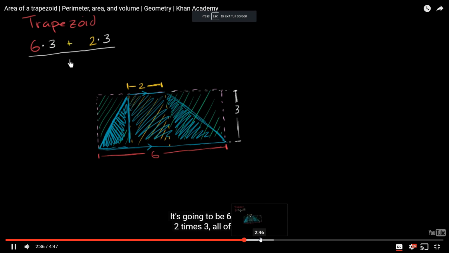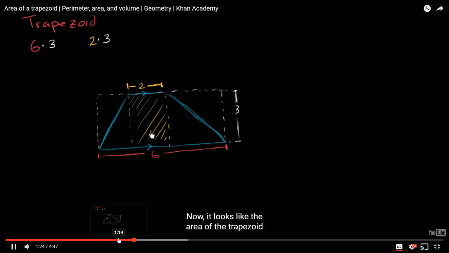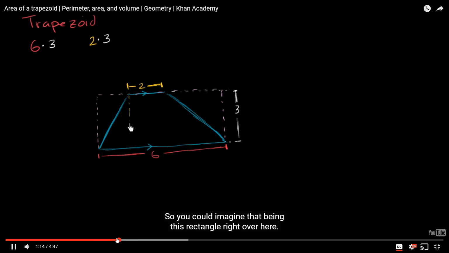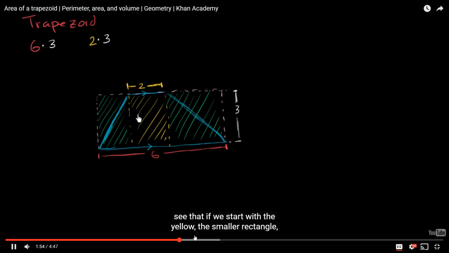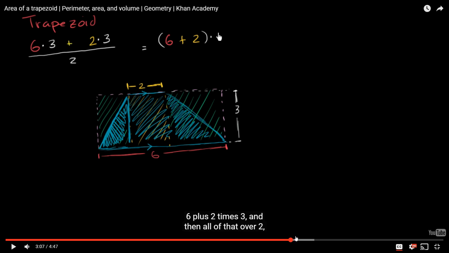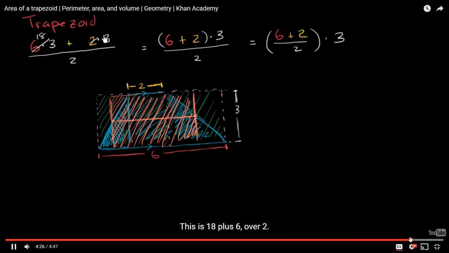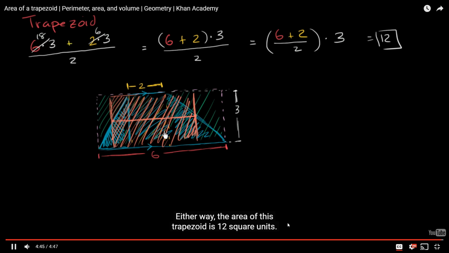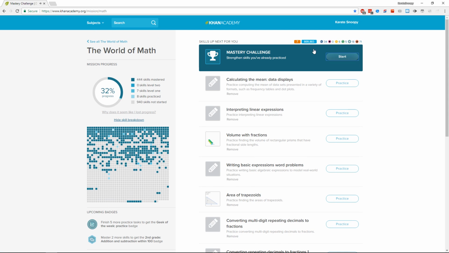The right hand, all of that over to the right, and then you can take 6 plus 2, and like the area of the rectangle right over here. If you take the average, that is 18 plus 6 over 2, 12. Either way, the area of this trapezoid is 12 square units. Can't you just give me the formula?